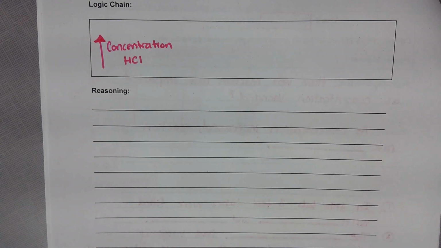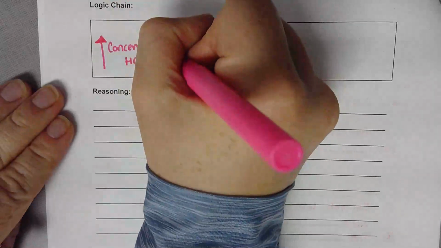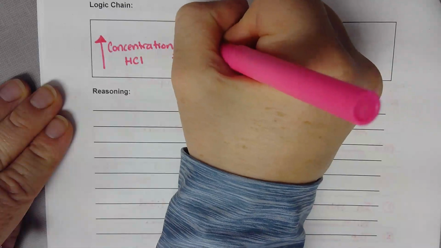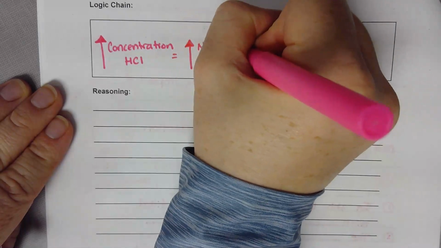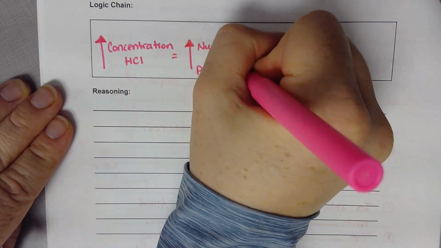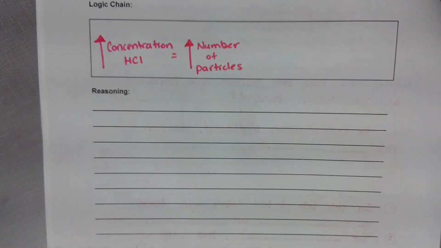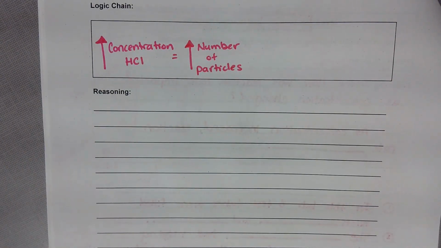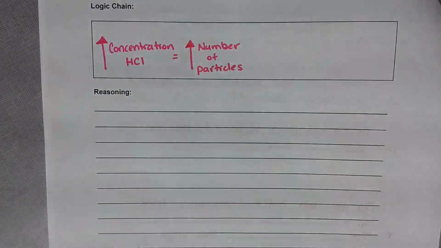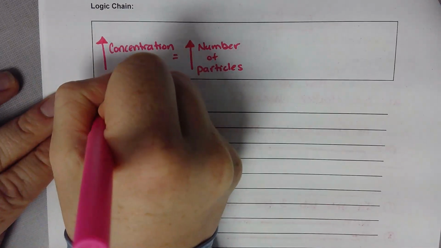And remember from when we did our zoom-ins and our drawings, when we're increasing concentration, what we're really doing is increasing the number of particles. So the test tube with the higher concentration of hydrochloric acid had a higher number of hydrochloric acid particles. That's where we want to start our reasoning.